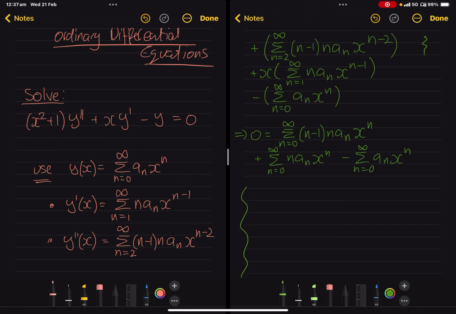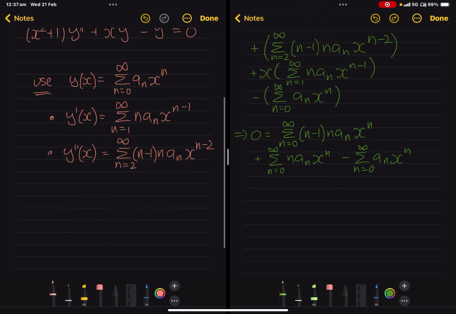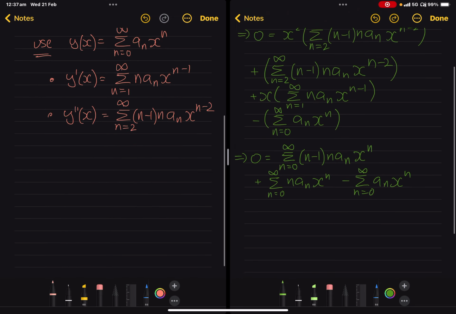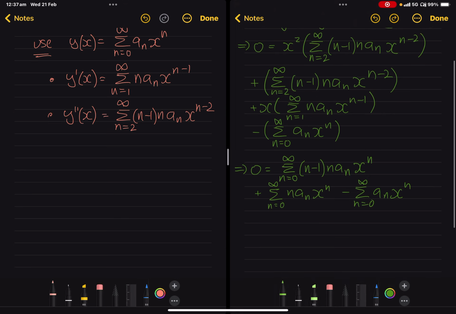In order to shift this term, I might do it over here on the other screen so I can keep my equations relatively orderly. So we have to shift the sum from n equals 2 to infinity of (n minus 1) times n times a_n times x to the n minus 2.